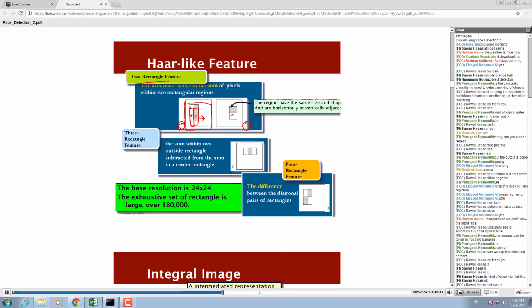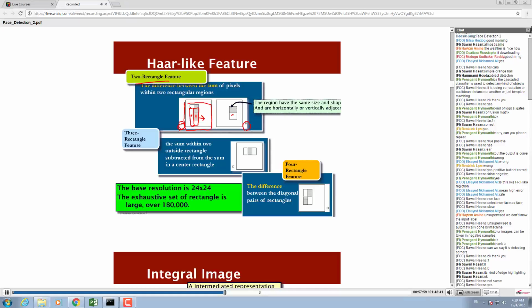So changing size, changing direction, like horizontal or vertical, and changing position, all these variations can generate different features. When we say two rectangle feature, this is just one category of feature. They are composed of two rectangles, but by changing size, position, and direction, we can generate a much larger number of features inside this one category. Is that clear?